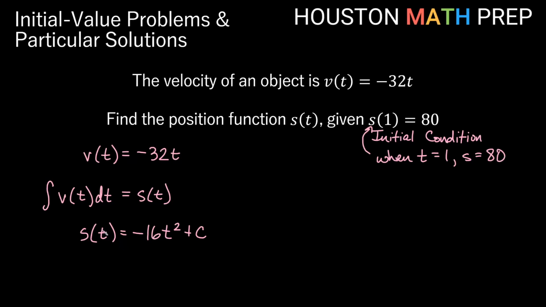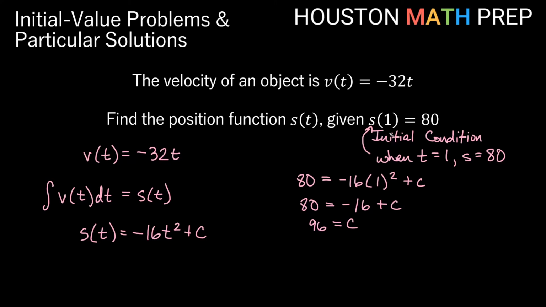If I plug in 80 for s, that says 80 equals, if I plug in 1 for t, negative 16 times 1 squared plus c. That gives me 80 is equal to negative 16 plus c. If I add 16 to both sides, then c is actually 96.